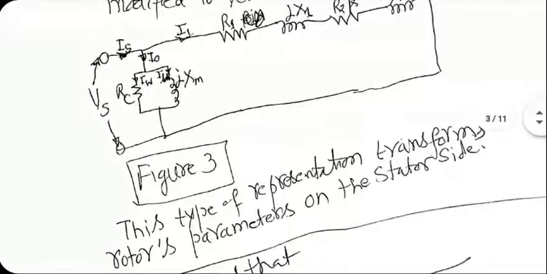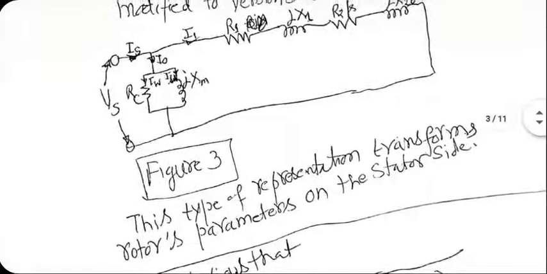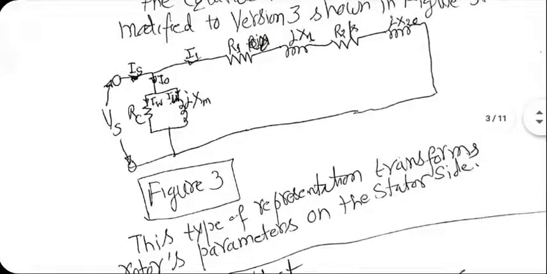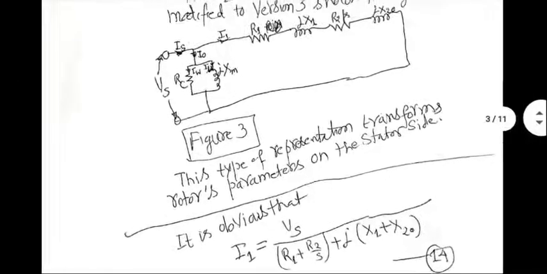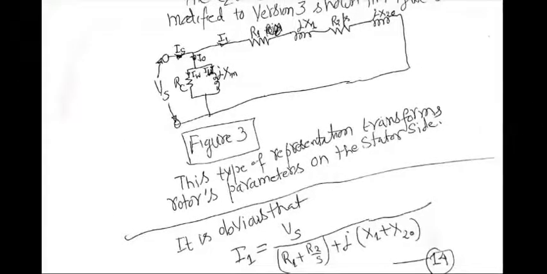All the parameters are now on the stator side. Rotor effect has been brought to the stator side. It is obvious now that the stator current I1, actually it's not stator current, it is the current going into the stator after the core effect has been included.